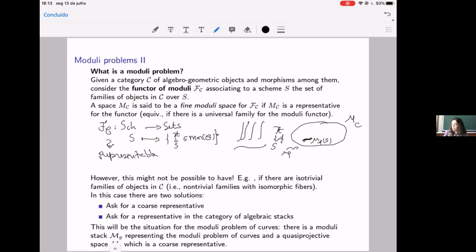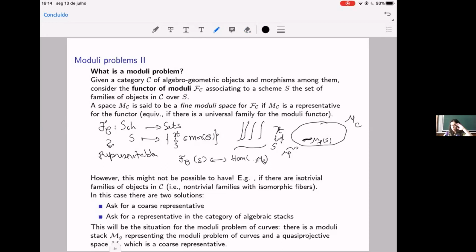So saying that this moduli space is a representative for the functor means that F_C of S is in bijective correspondence with the homomorphisms over S to your representative, so over M_C.